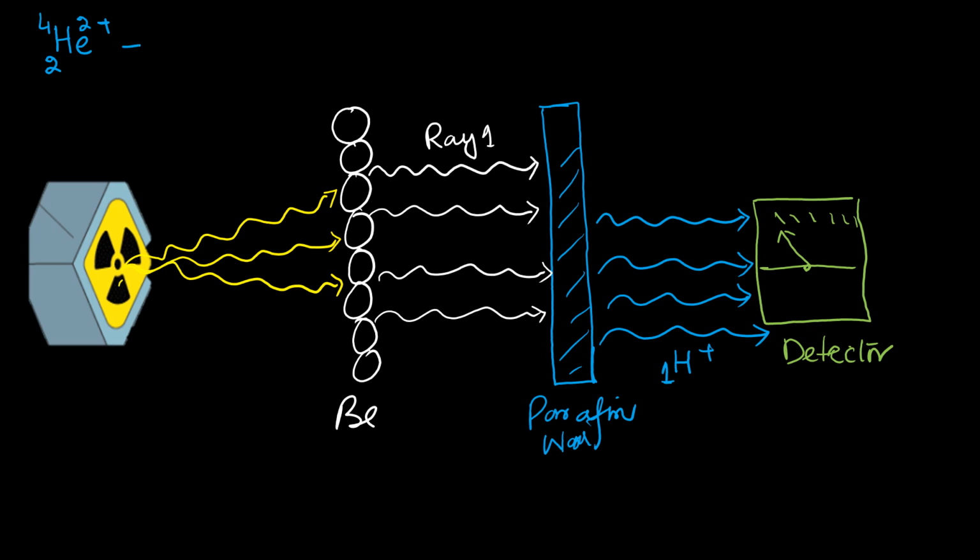So these alpha particles are incident on beryllium. As you know, beryllium belongs to the second group of the periodic table. They are alkaline earth metals. Atomic number of helium is 4, whereas atomic mass of beryllium is 9.